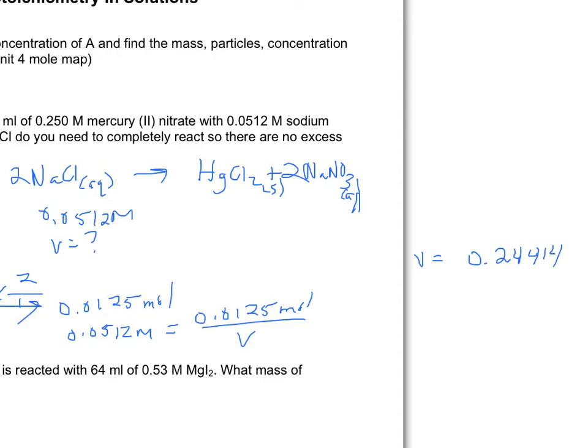Now that would be in liters. If I take my sig digs into consideration, I can only report 3 numbers. Each of the numbers in the original question had 3 sig digs. Or if I want, I can multiply this by 1,000 and convert it into mL. So 244 milliliters.